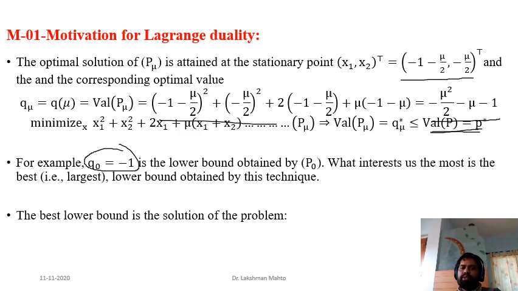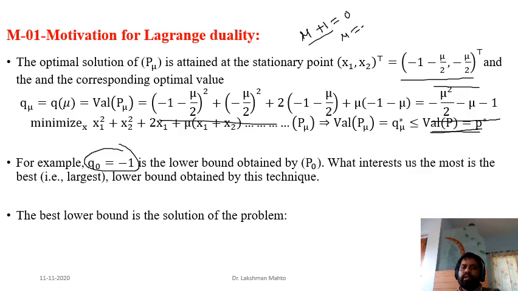Find the gradient of this dual function. The gradient would be twice mu divided by 2, that means mu plus 1 equal to 0. Sorry, mu equal to -1.